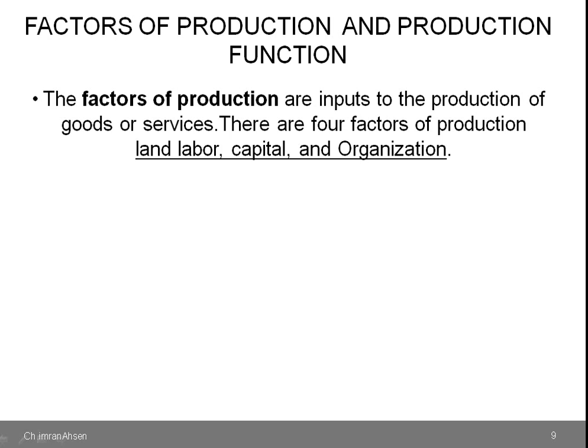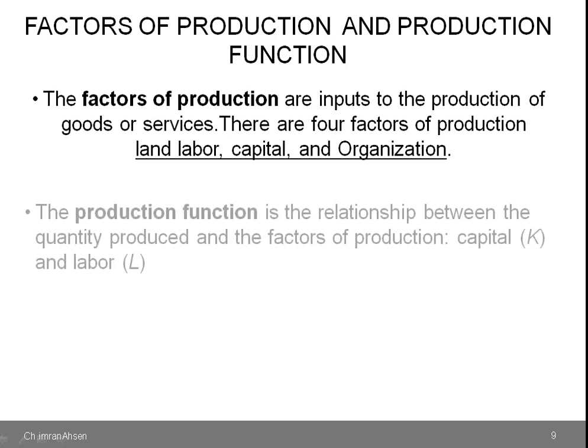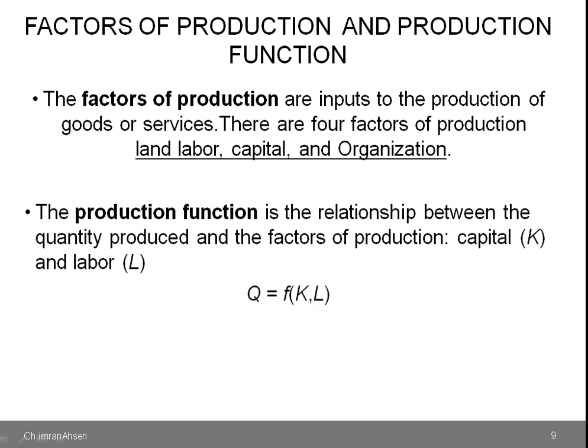These are the 4 factors which we have to use in order to produce any type of good or service. Production function is the relationship between the quantity produced and factors of production. What we are inserting and what we are getting out of it, that relationship is called production function.